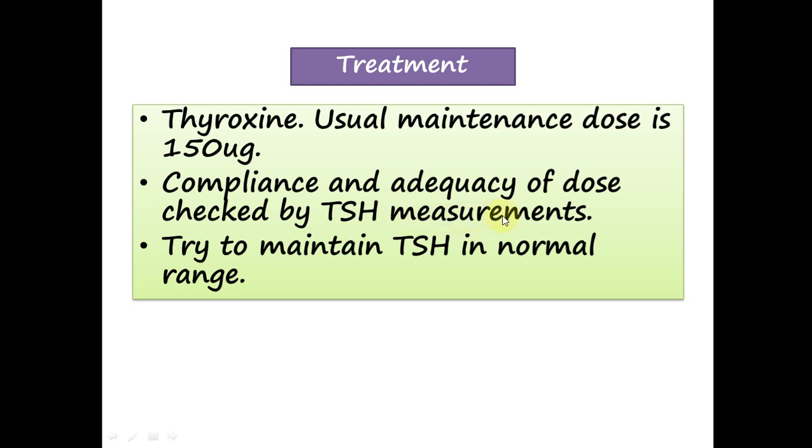If the TSH is reduced much, then the dose of the thyroxine should be reduced. And if the dose is unable to cause a decrease in the TSH, then the dose may be gradually increased, and the aim is to maintain the TSH in the normal range.